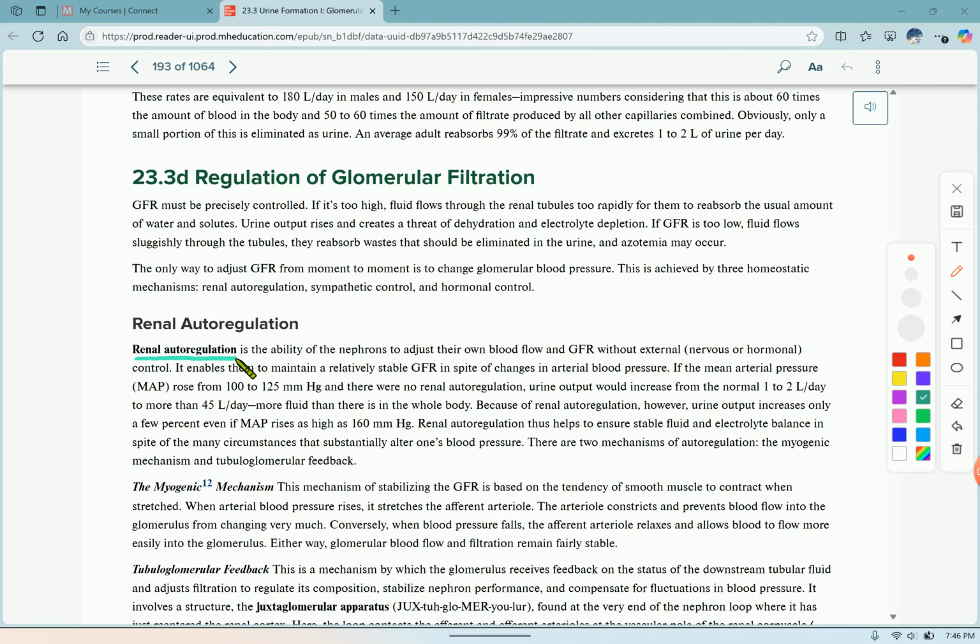Right, with renal autoregulation, this is the ability of the nephrons to adjust their own blood flow and GFR without external control. This is a very important built-in kidney function, and this allows them to have a stable GFR in spite of changes to arterial blood pressure.